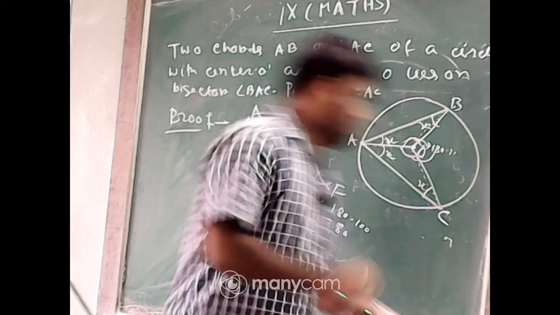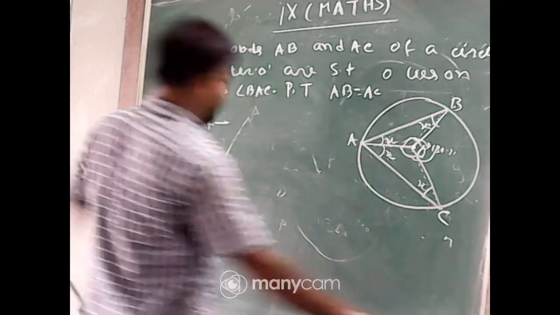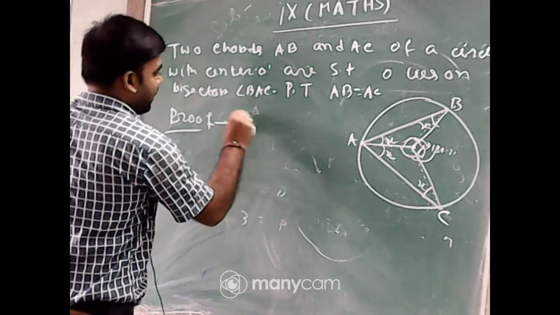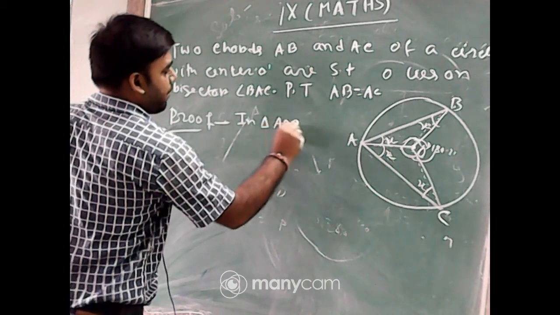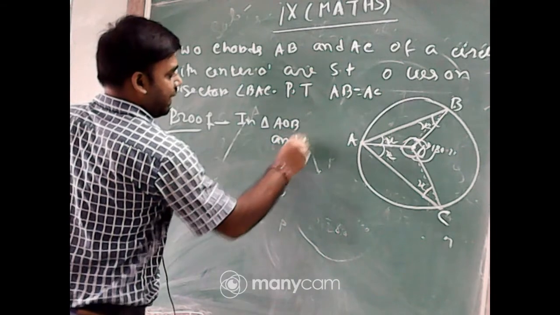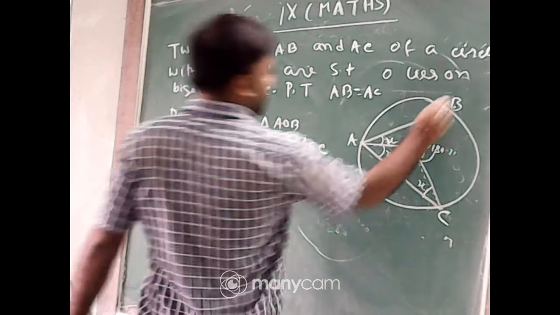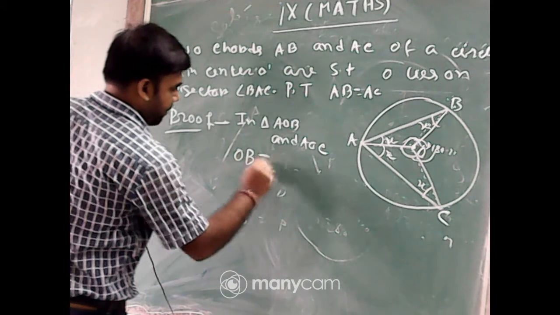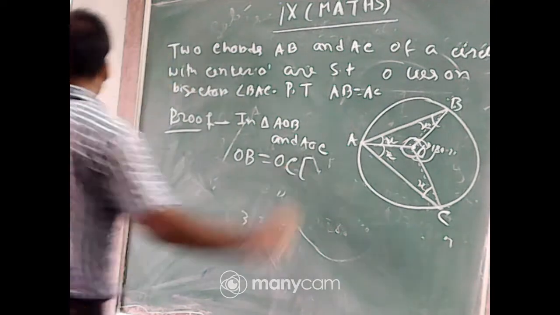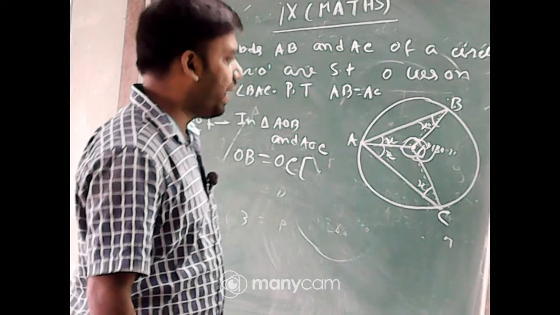Okay. Now coming to the proof. Take the triangle, in triangle AOB and AOC. First of all, OB equal to OC. Tell me why they are equal. OB equal to OC. Why they are equal?